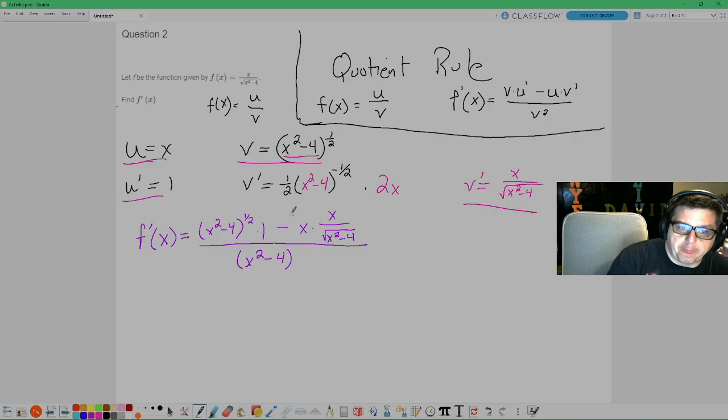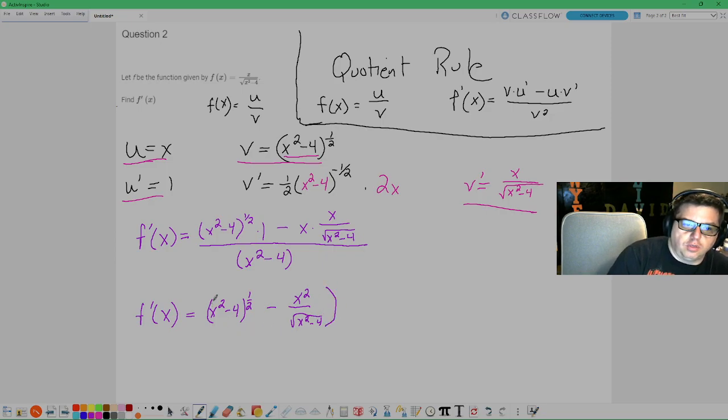All right. Now, if we clean this up a little bit, which we would want to try and work through, we could say x squared minus 4 to the 1/2 power. That's still okay because times it by 1 doesn't change it. We're going to put the x up top here, and we're going to get x squared over the square root of x squared minus 4.